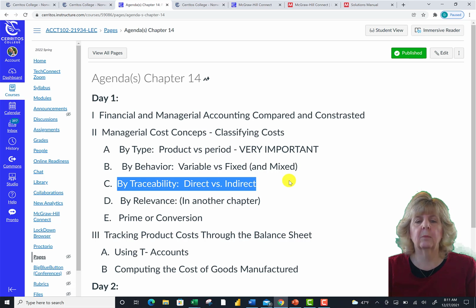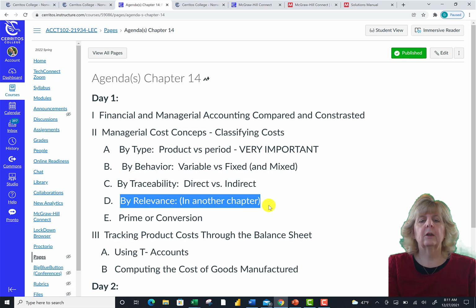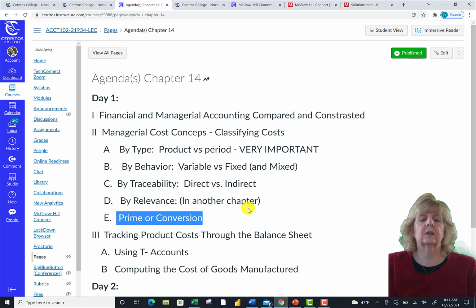This will also become a very important skill set for you to develop. Later on in another chapter, we'll cover classifying costs by relevance, whether the cost is relevant to the decision to be made or not. We'll also learn the difference between a prime cost and a conversion cost.